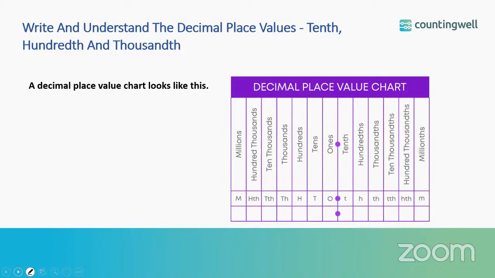So let us see the decimal place value chart. I will give you a few seconds to read this chart.